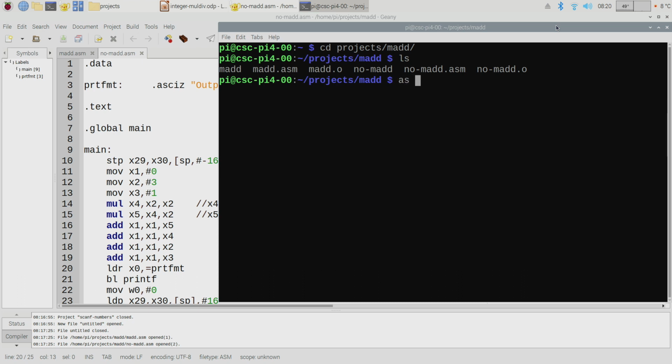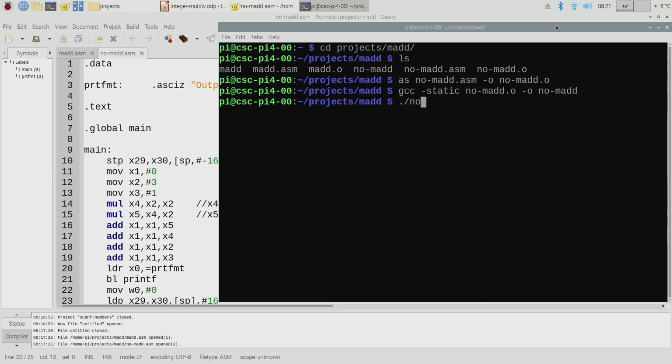Oh, sorry, we're doing Nomad first. I'm going to statically compile this, for reasons that'll become clear in a moment. And not shockingly, we get 40 as our output. Wonderful.